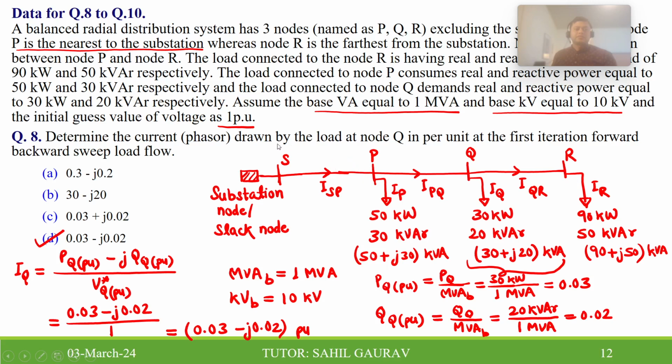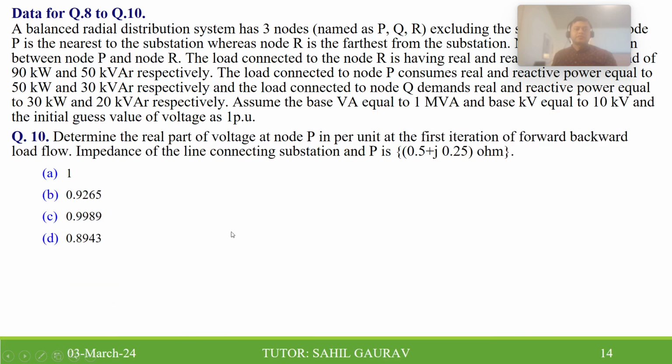We are given the slack bus voltage, that is 1 at the angle of 0, and we are also given the impedance of this line. Then we can find the voltage magnitude at P. So therefore first we are going to find the load current at P.